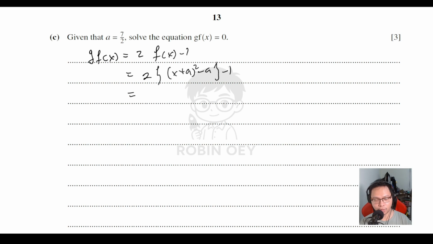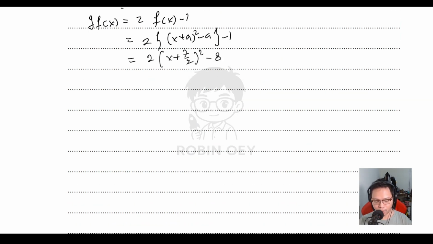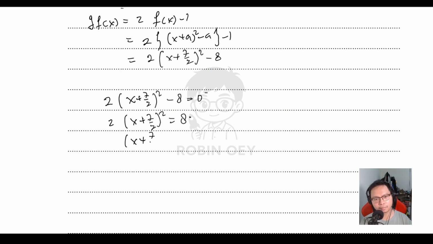So that would be 2 open brackets x plus 7 over 2 squared minus 4, which equals 8. Once you get that, x plus 7 over 2 squared equals 4.